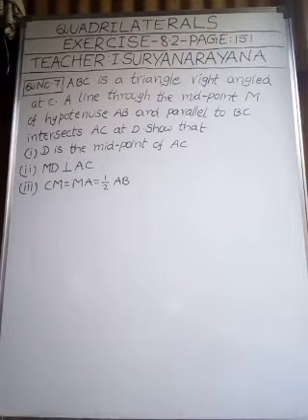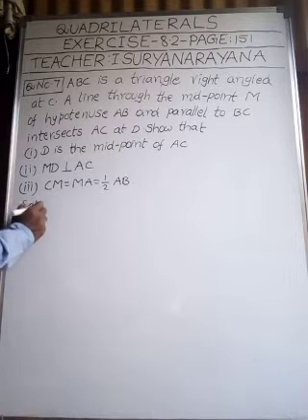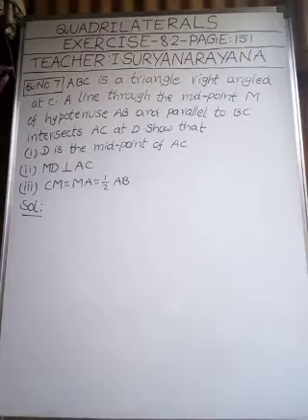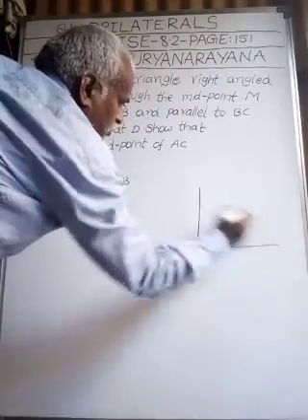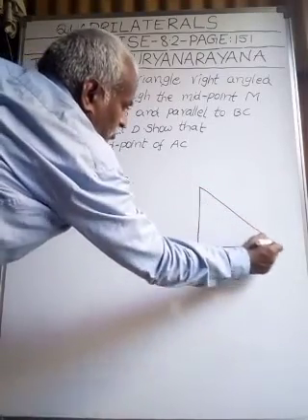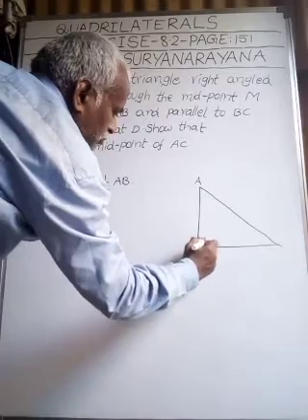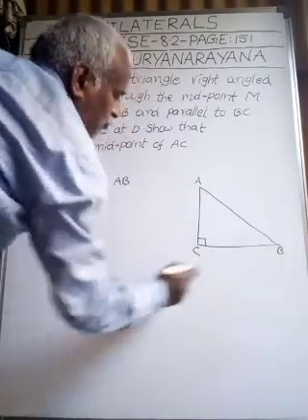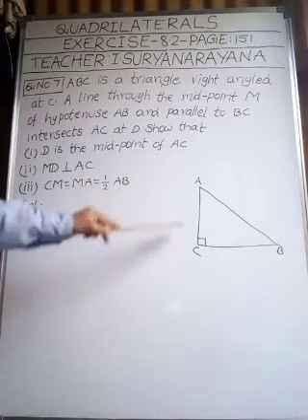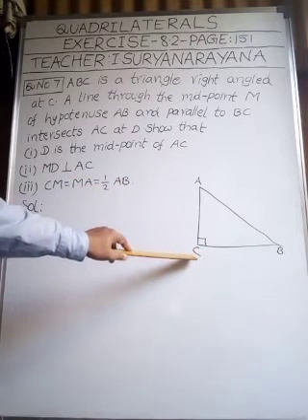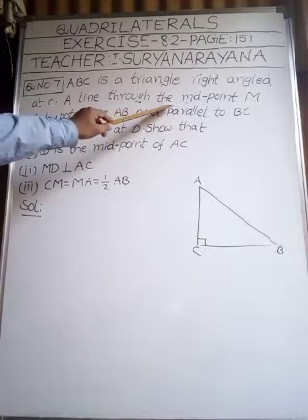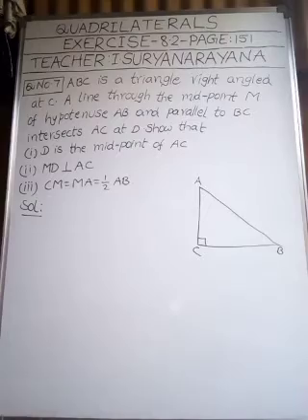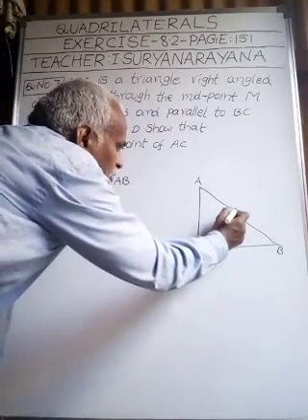Okay, my children. Right. Now come to the solution part. Let us draw the triangle, a right angle triangle. So we have drawn a right angle triangle. A right angle is formed at point C. Okay, my children. What is given? A line through the midpoint M of hypotenuse AB. Here M is the midpoint of AB.